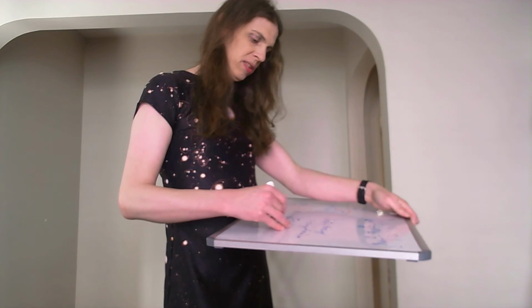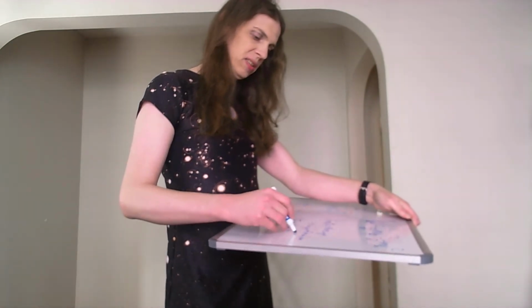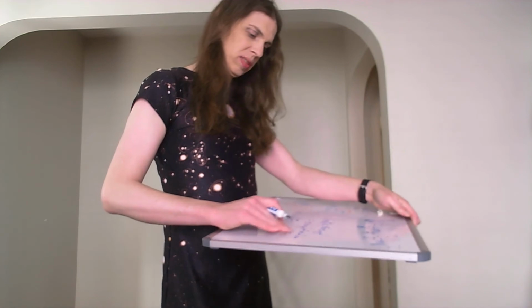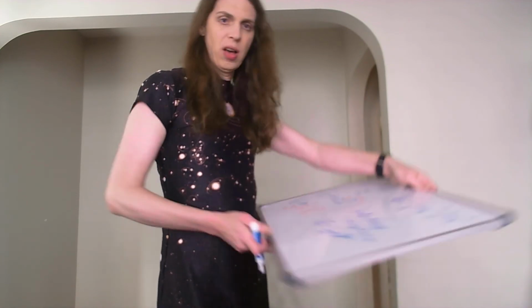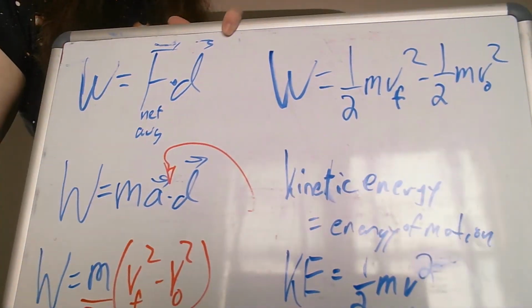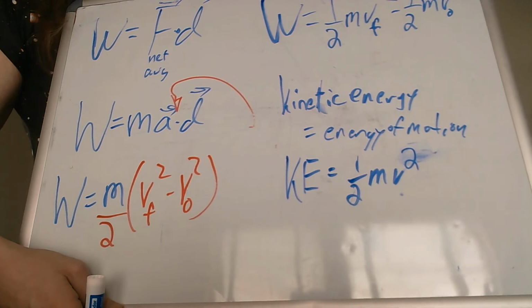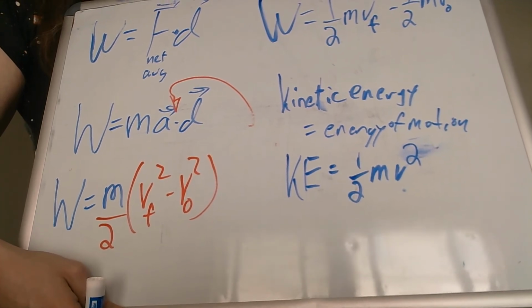And it's that which we are going to define as being 1/2 mass times speed squared.